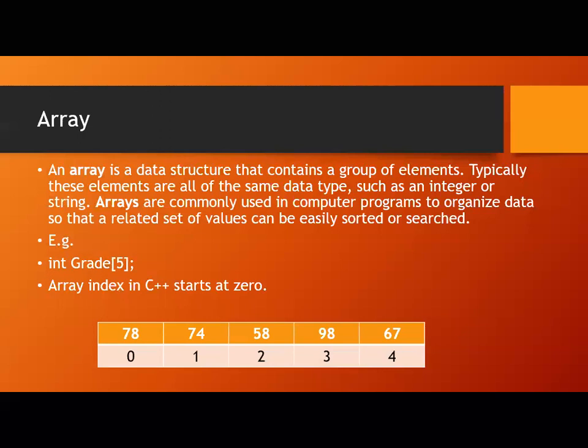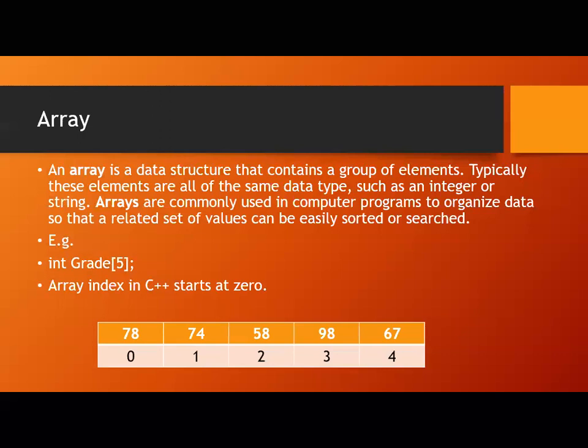So here we have an example of an array in C++. The name of this array is grade. The type of values that the array stores is integer. And the amount of values, that is the size of the array, is 5. So from this statement, we can tell three things about the array.